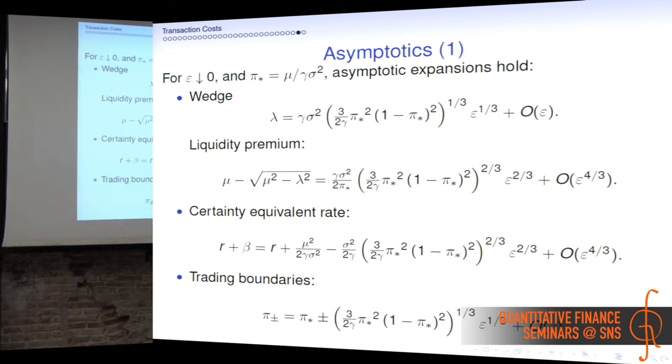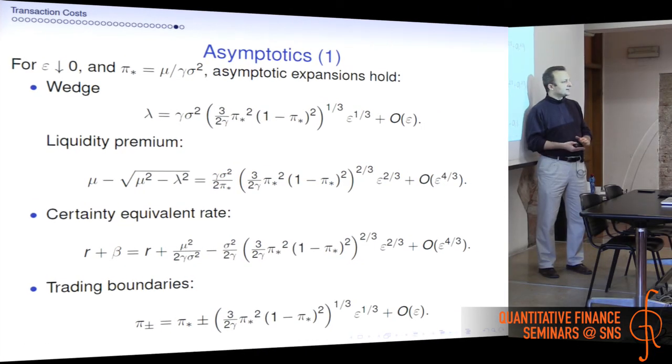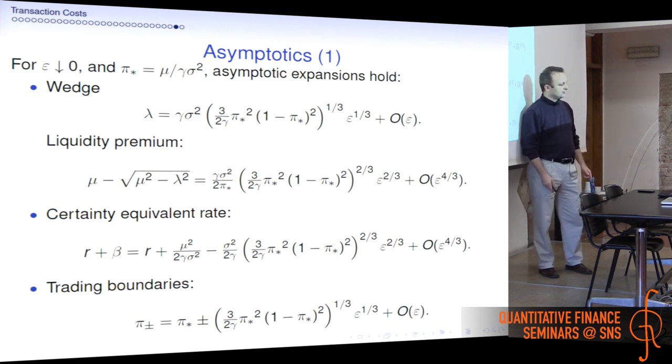So when transaction costs are really bad, you try to become more tolerant in your portfolio. When they are not so bad, then you can be more picky. That's what this expression is telling you.